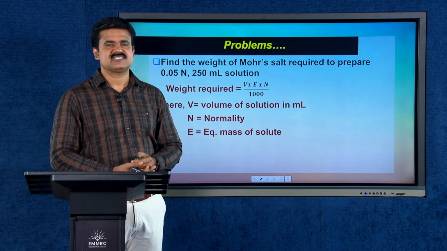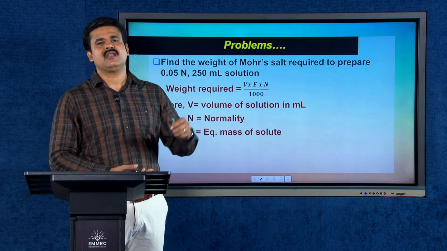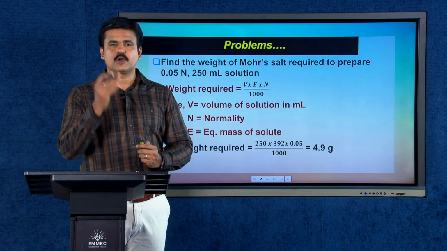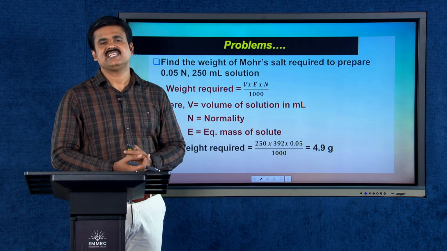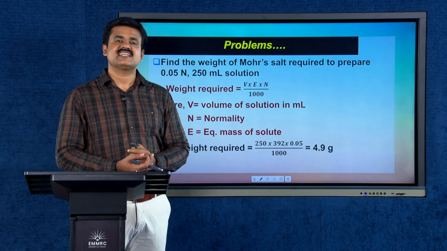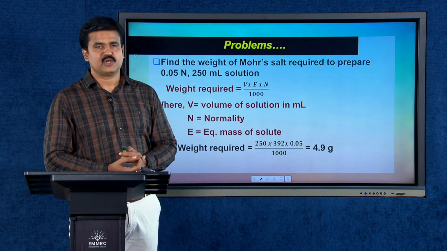Making the apt substitution, volume as 250 ml, equivalent weight as 392 because you are dealing with Mohr's salt, and normality as 0.05, you will get the weight required equal to 250 into 392 into 0.05 divided by 1000, that is 4.9 gram. This simply implies that if 4.9 gram of Mohr's salt is weighed out and made into a solution of 250 ml volume, the concentration will be 0.05 normal.